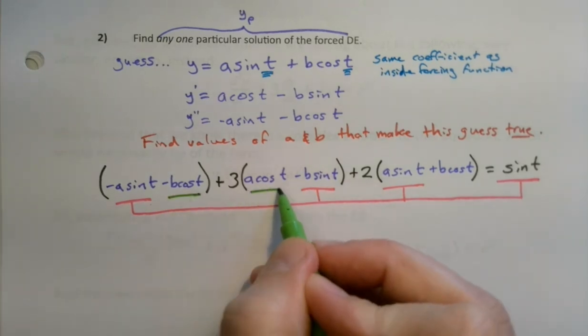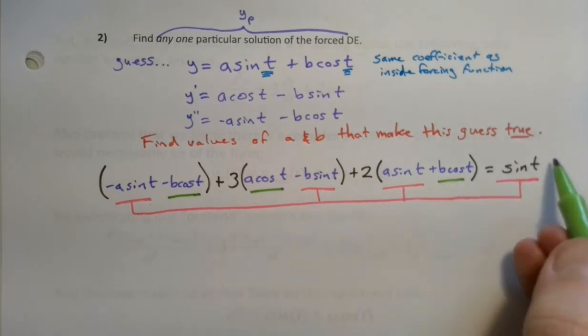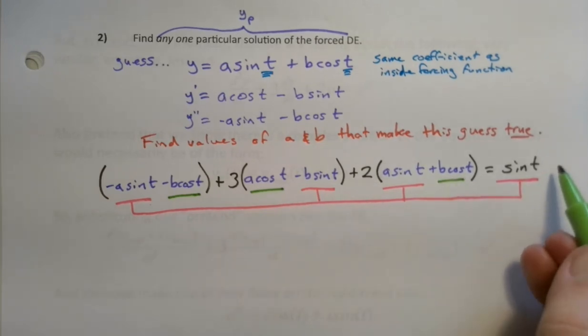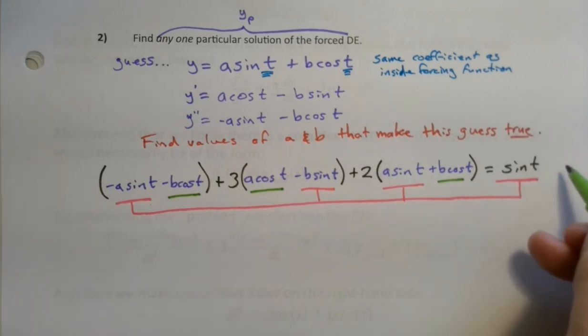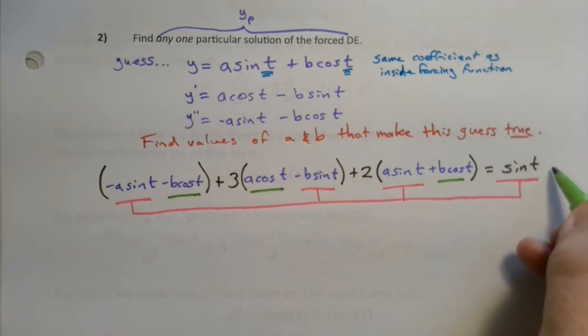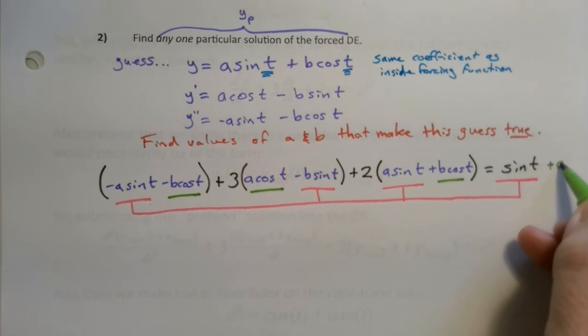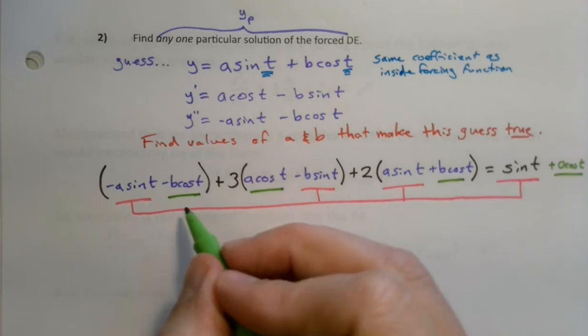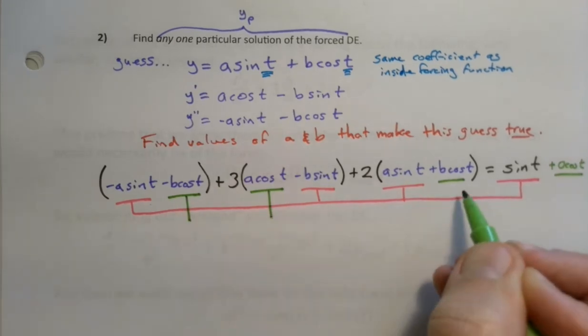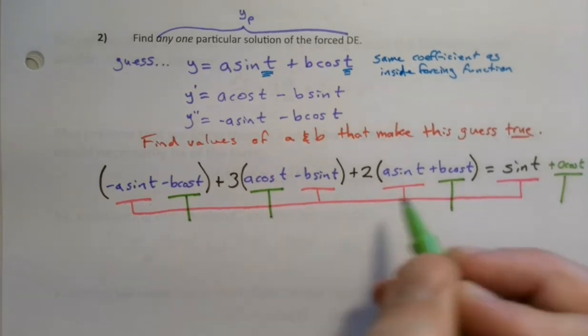There's a cosine term, there's a cosine term, there's a cosine term, but there's no cosine term over here. So what's the cosine term over here? Well, it's just 0. So I'm going to tack on plus 0 cosine t, and all 4 of these have to play nice together.